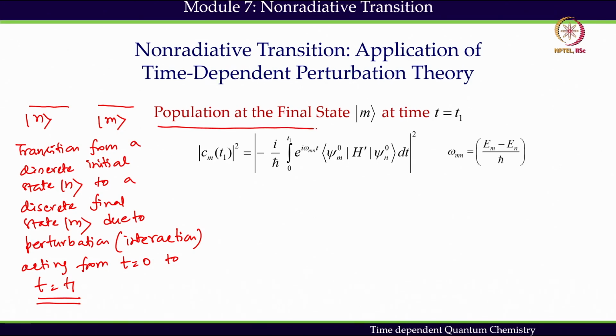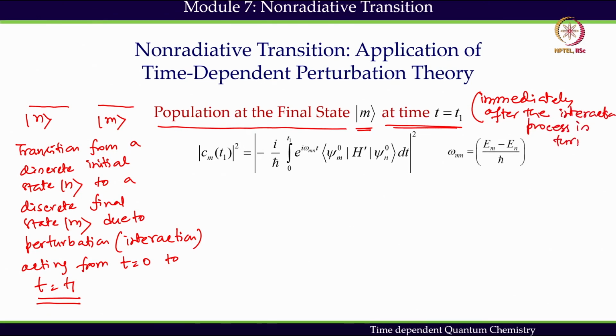So the population in the final state m at time t equals t1, just immediately after the interaction process is turned off. At that time, we'll check the population in the final state, and the population is given by this magnitude square.